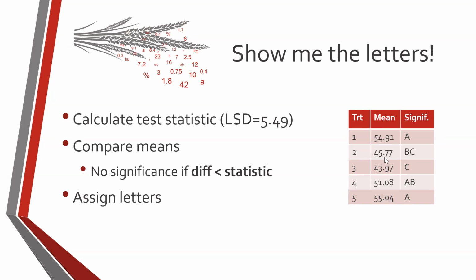Looking here, we can say that there is evidence that treatment 2 and treatment 5 are different because there is no letter in common. But there is no evidence of a difference between treatments 4 and 5 because they have that letter A in common.